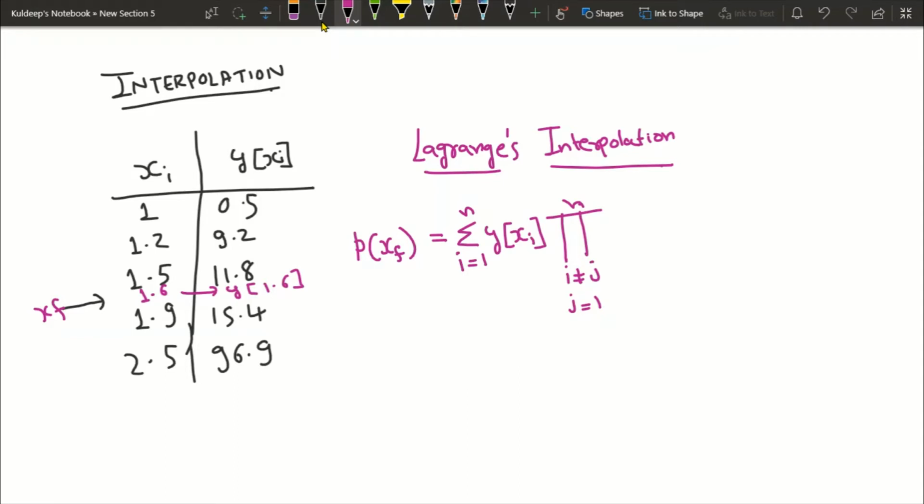Here we have xf, which is this point where I am interested, xf minus xj over xi minus xj. So this is the formula for the polynomial of Lagrange's interpolation. Now I have to calculate this whole thing.